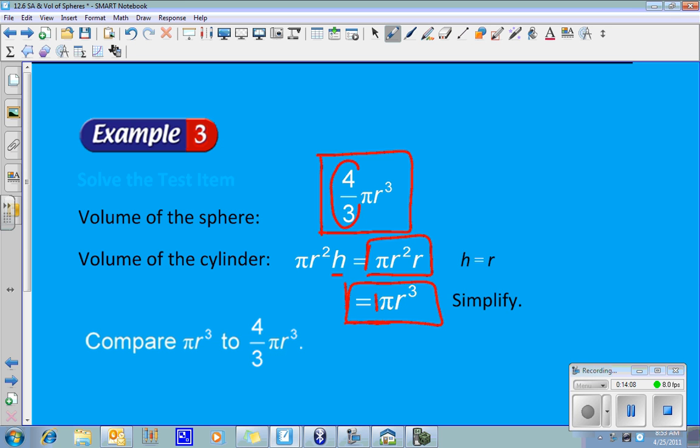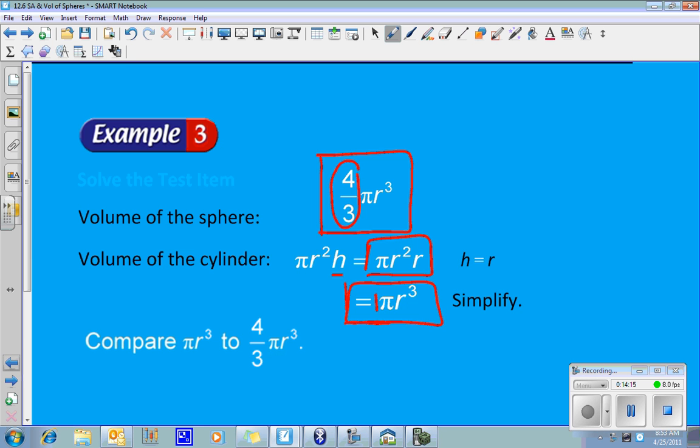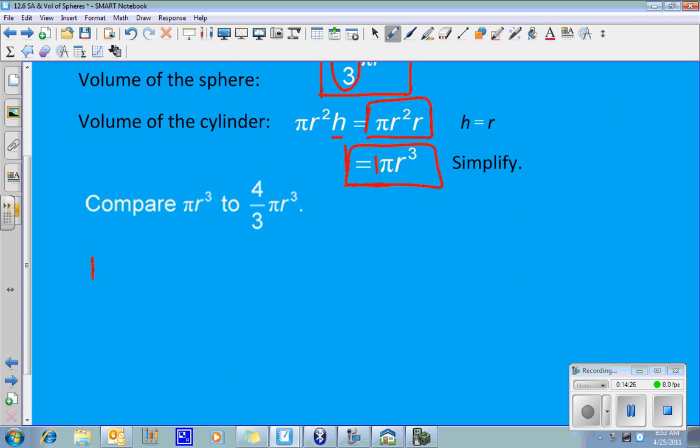So is 4/3 bigger than 1 or smaller than 1? Okay, 4/3 is bigger. So that means that the sphere is bigger, or larger, by 4/3.